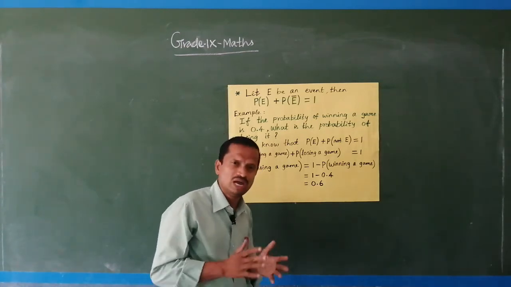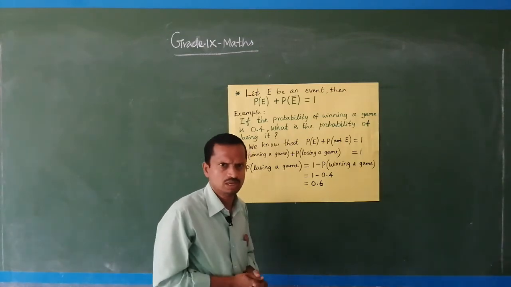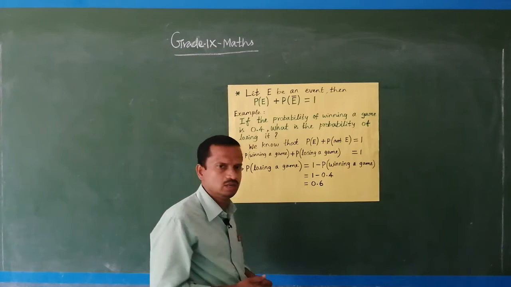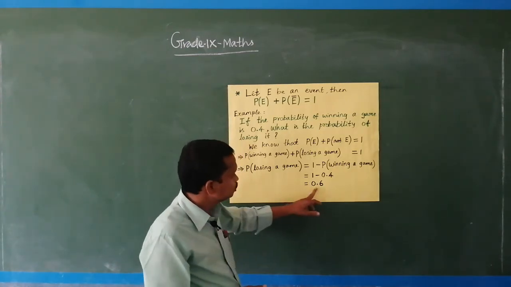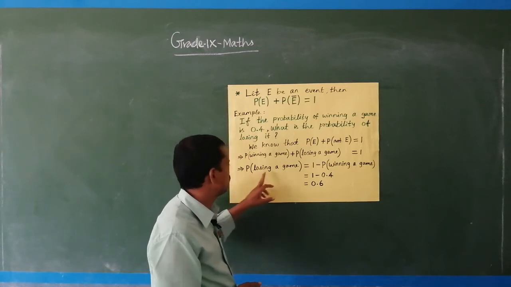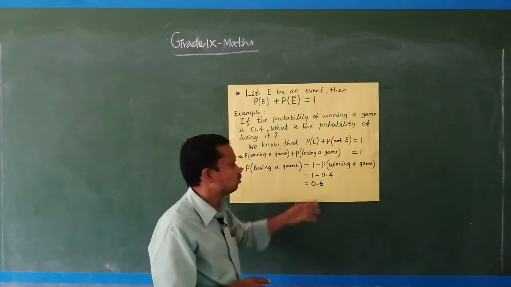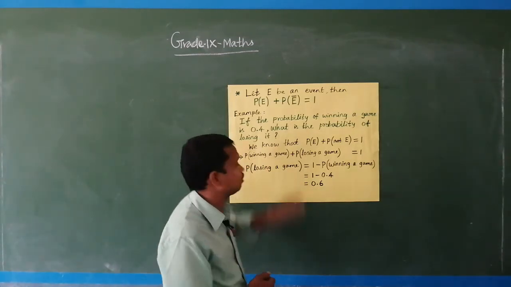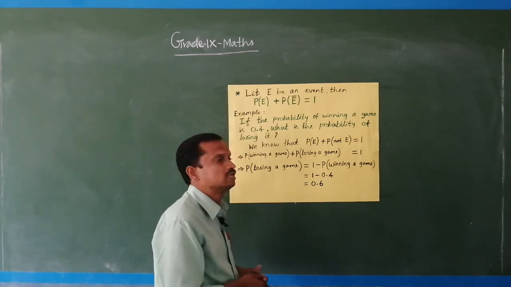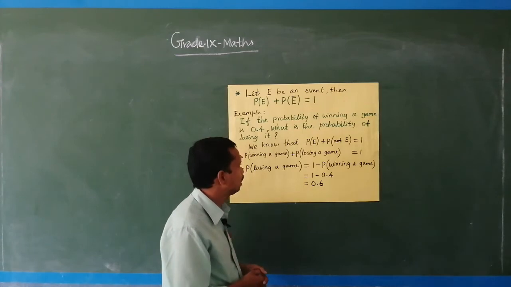Probability is nothing but a measure of the value of the event. So, 0.6 is the probability of losing a game. If we add these two, 0.4 and 0.6, what do you get? 1. So, we have to apply this formula to find the answer for this type of questions.